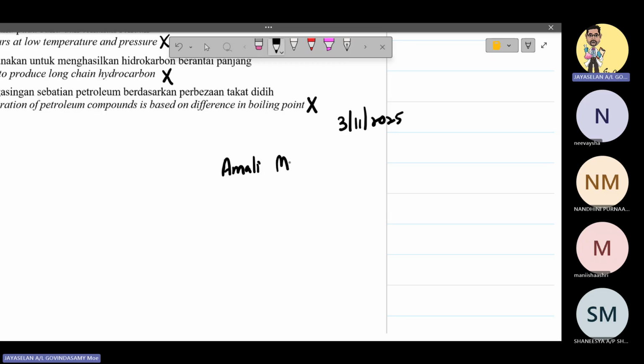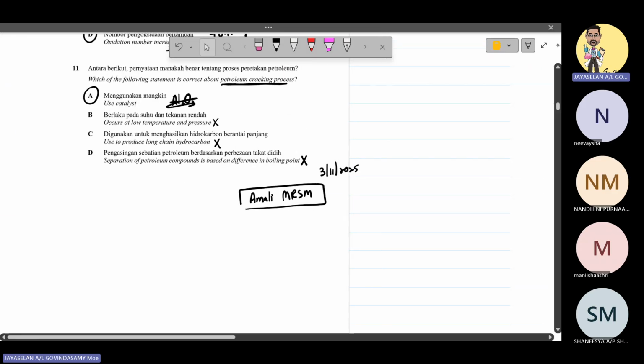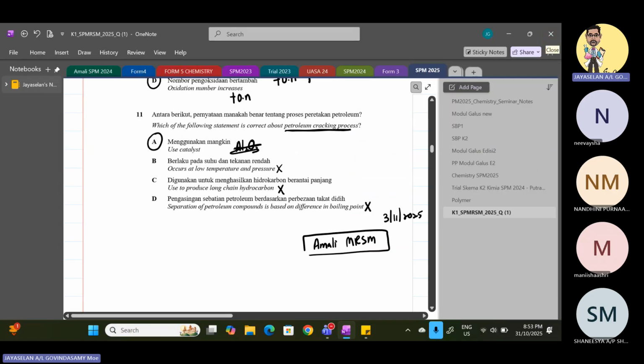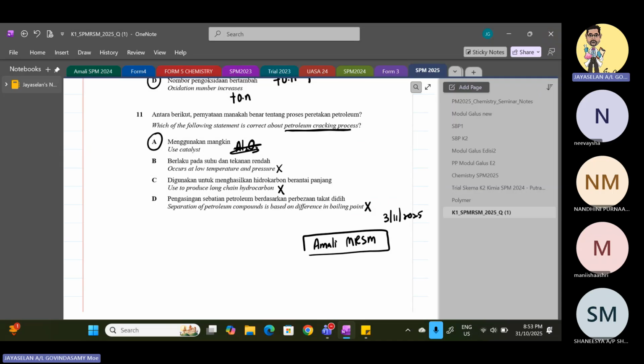The Amali MRSM is similar to the Amali MRSM, under rate of reaction. So this year, most probably you all have to draw a graph. Two years had no graph, this year there is a graph. So be ready. I will make all the questions. Any question so far? No question. The Amali paper I will also share. You all have to do it, because your Amali will be the same as the MRSM paper.